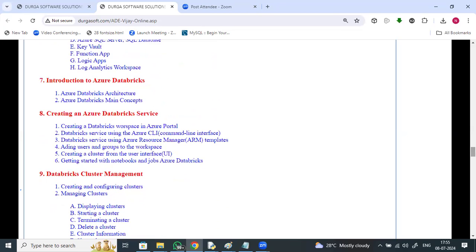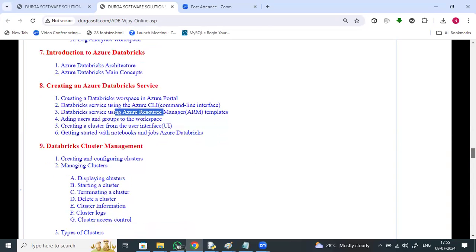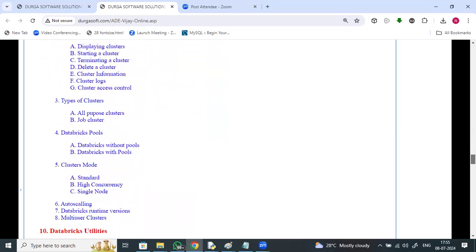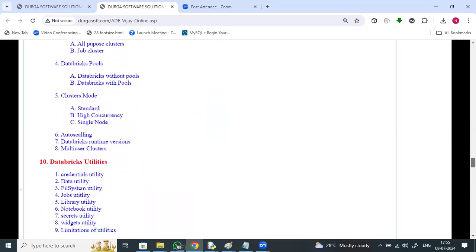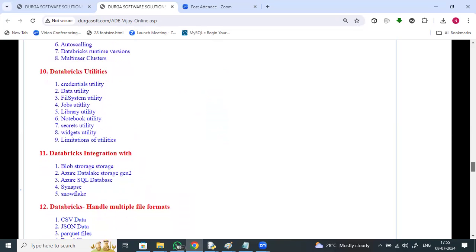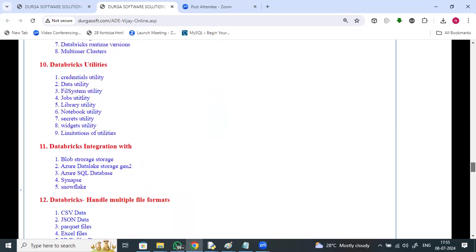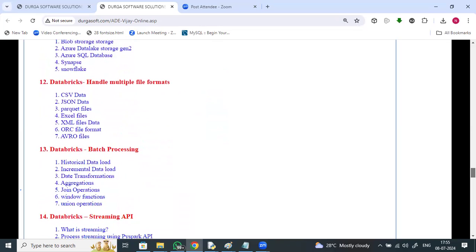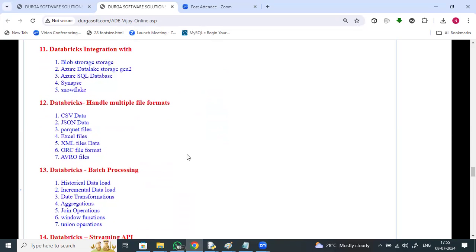Coming to Azure Databricks, the main architecture, main concepts, Databricks using Azure Resource Manager, creating a cluster from the user interface, Databricks cluster management, types of cluster, Databricks pools, cluster mode, auto scaling option, Databricks utilities, Databricks integrations with blob storage, Azure Data Lake, Azure SQL database, Synapse, Snowflake, and handling different file formats.